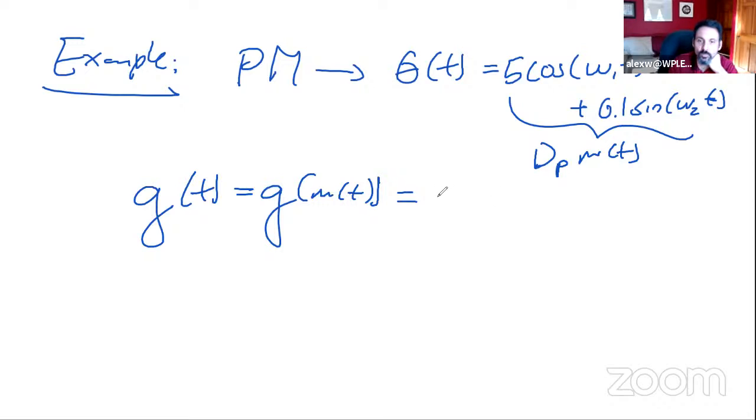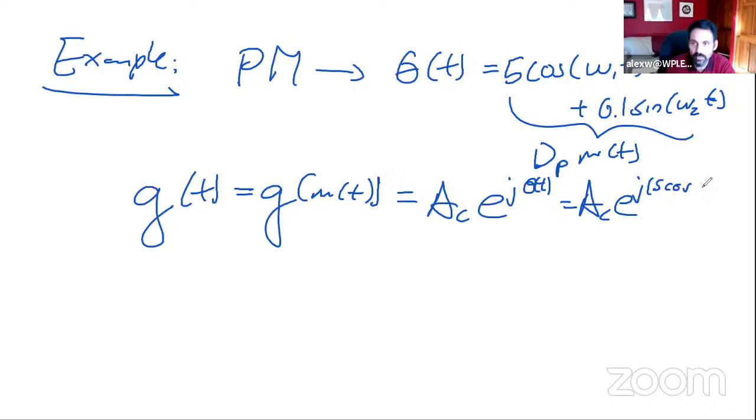Then the definition would say A_c e to the j theta t equals cosine omega 1 t plus 0.1 sine.